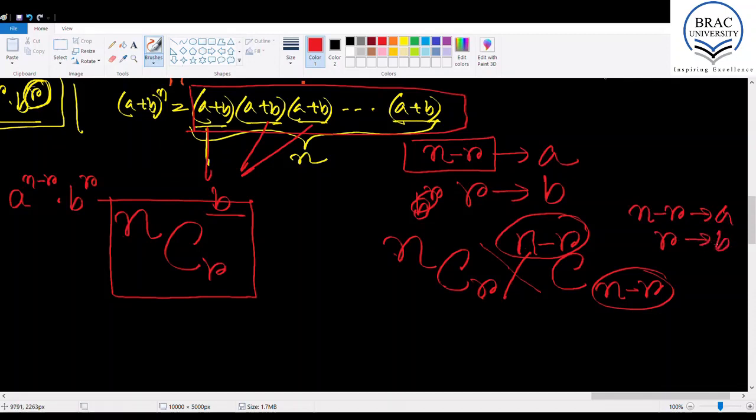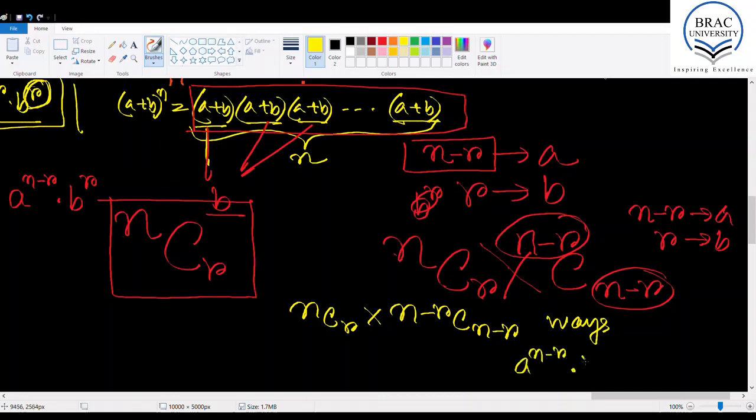So we get here that there will be total nCr into (n minus r)C(n minus r) ways in which we will get a to the power n minus r into b to the power r, right? And as we can remember that nC n equals 1, remember that? So this term (n minus r)C(n minus r) equals 1.